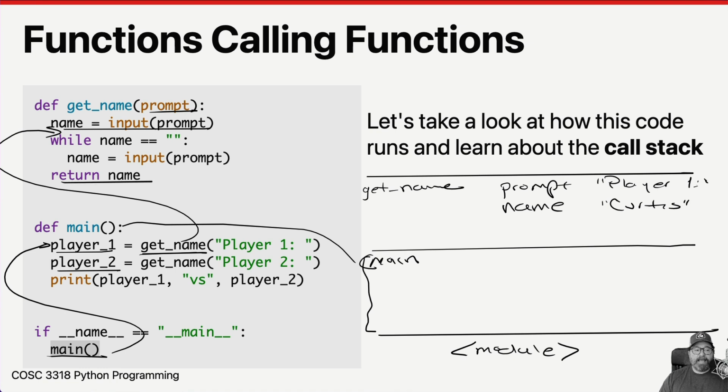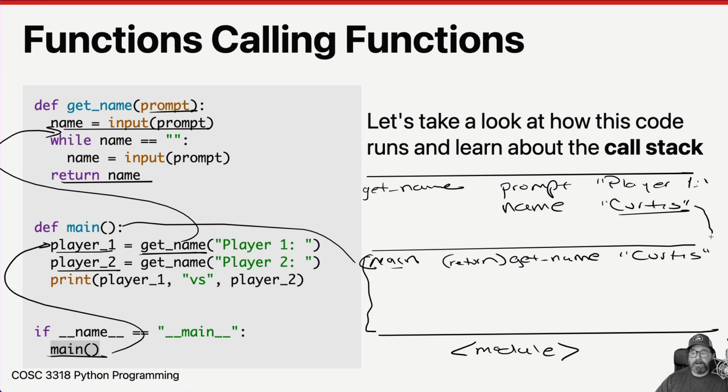What happens at that point is pretty complex, but really nice. Down here in main, we get the return value of get name, and that value is equal to Curtis. So what it does is it takes that value Curtis, and Python, not our code, Python can see all of this.